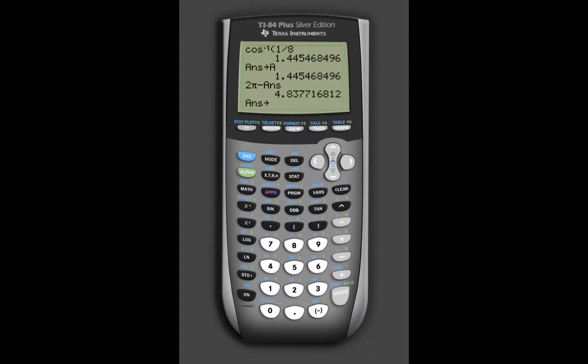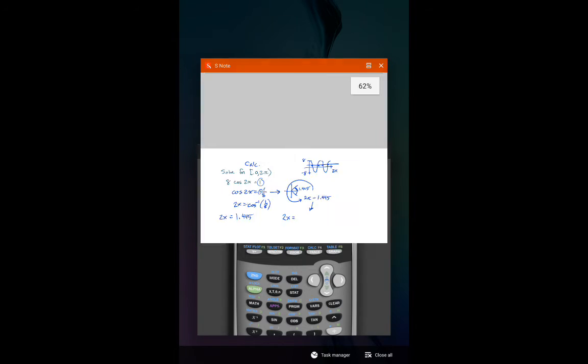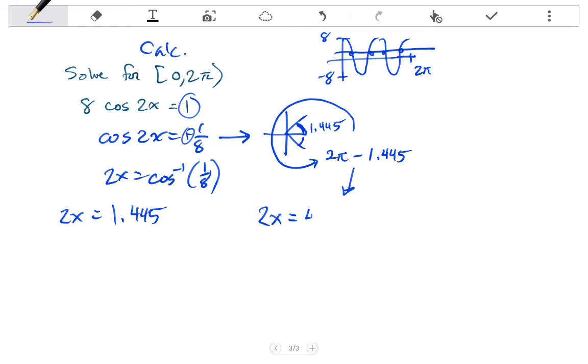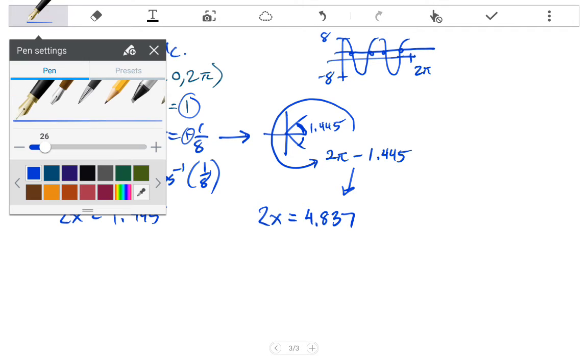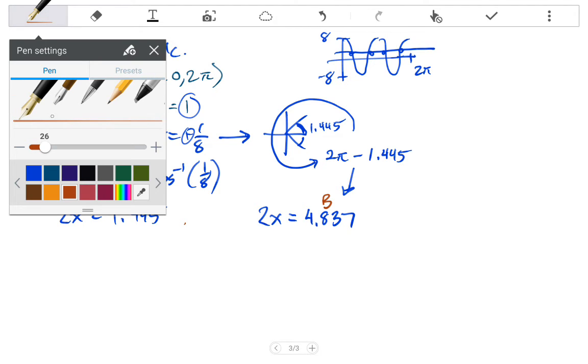I'm going to store this value as B. Okay, so that way my calculator has both values, A and B. Okay, I'm going to go back, and that value was 4.837. I'm just going to make a mental note to myself that this value here was A and this value here was B, just so I remember what those were when I want to enter them into the calculator.